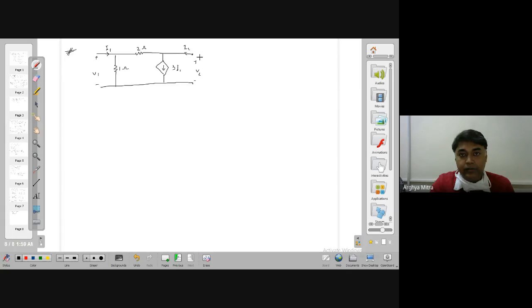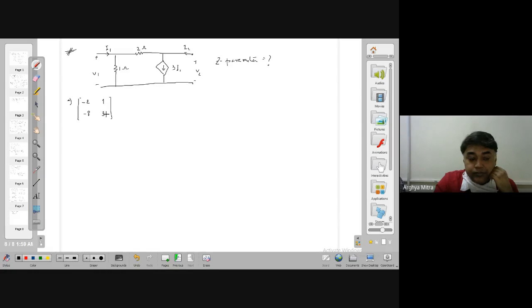So this is a problem. It is asked to find out the Z parameter. I'm giving you the options. The options are something like this: -2, 1, -8, 3.